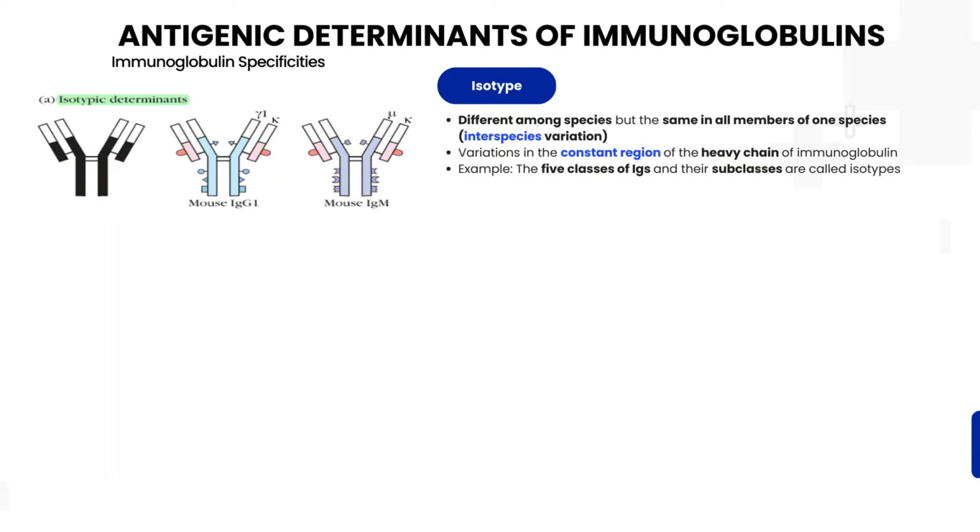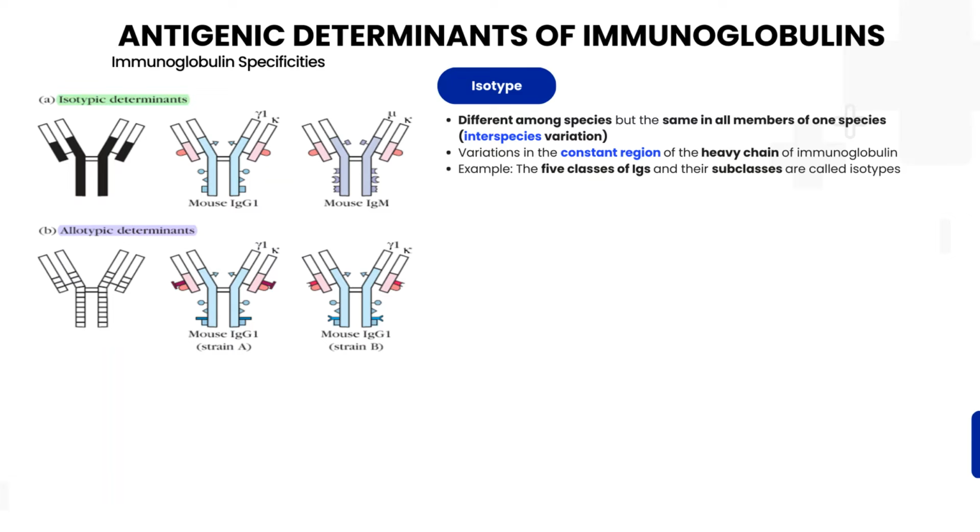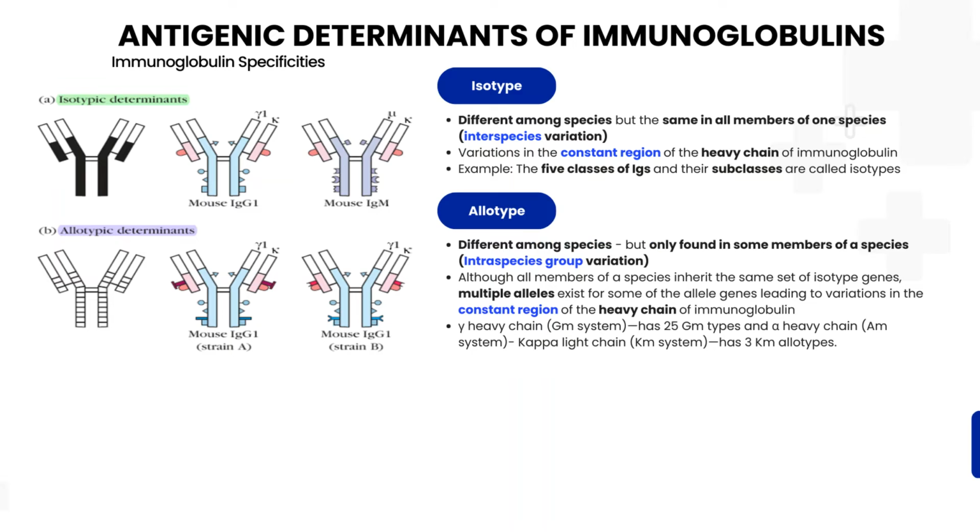Let us understand the next type, that is allotypic determinants. These allotypic determinants are present in isotype genes, obviously in constant regions, here in H as well as L chain. Though I am showing it in H here, if you closely see the diagram, you will also appreciate that L chain is also showing variation, while above the L chain was remaining the same.